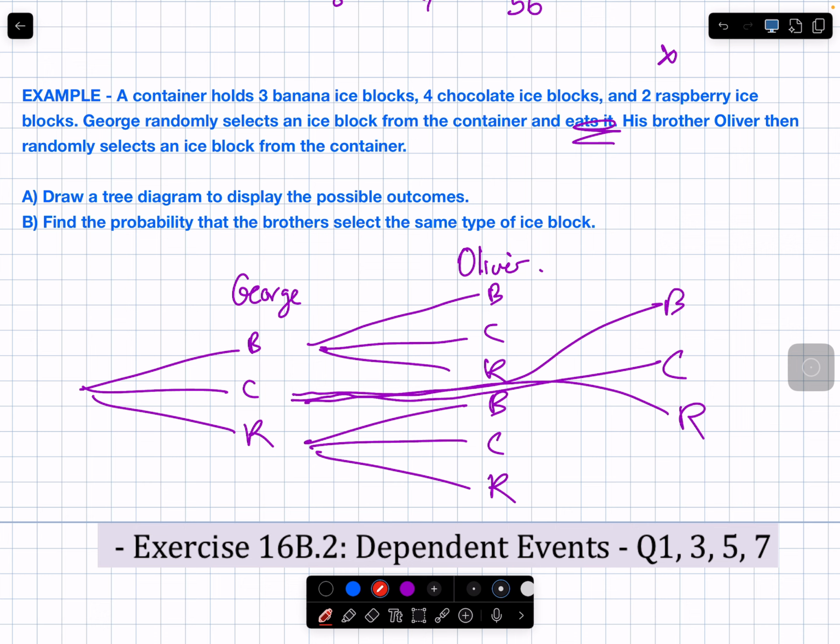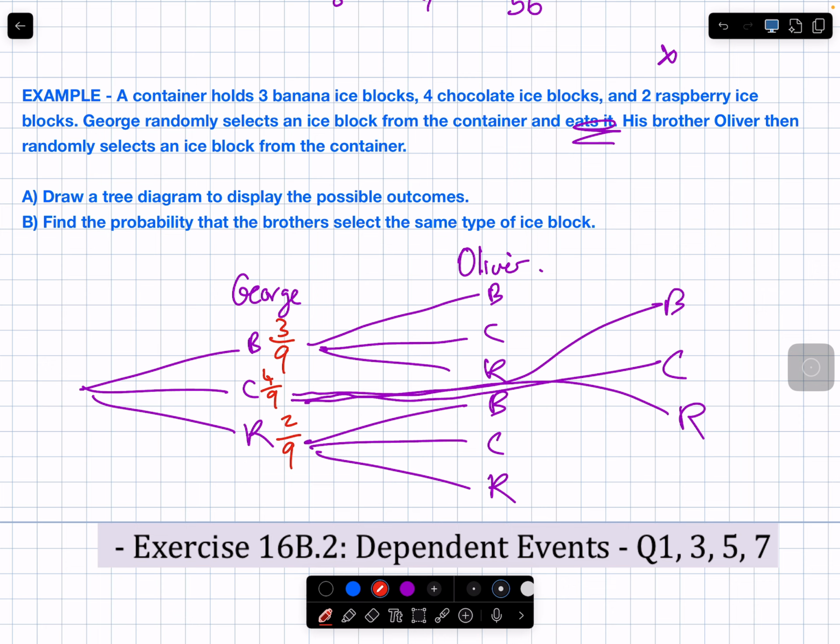I'm just going to keep it as 9, so I don't cancel until the end, okay? It's just easier for me to see the sample spaces when I don't cancel it there. Chances of chocolate, 4 over 9. Chances of raspberry, 2 over 9.